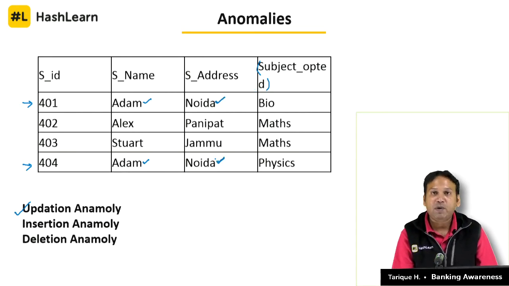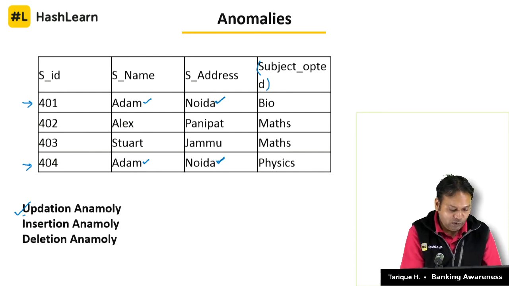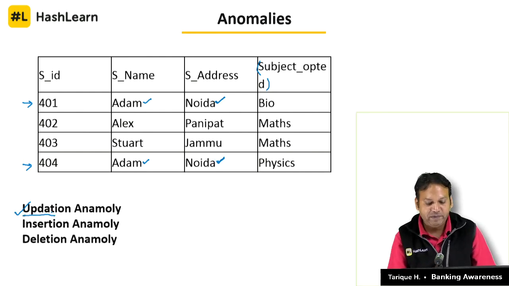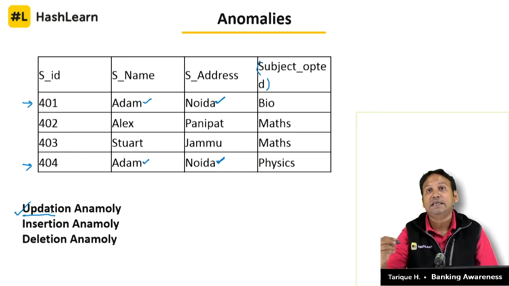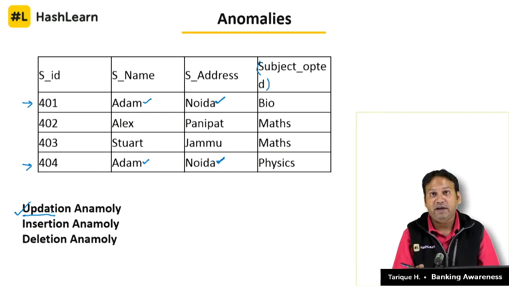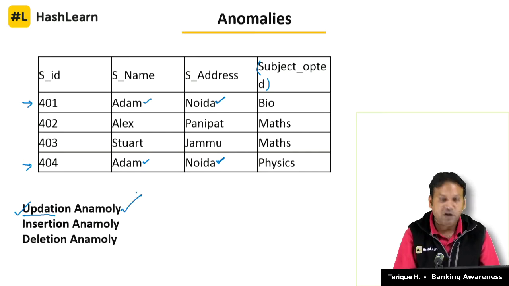If I want to update the address of Adam, then I have to update it in all places in the table. This is not very correct, because if we update only in one place, that will be problematic. This kind of situation where we have to change entries in multiple records is called an updation anomaly.